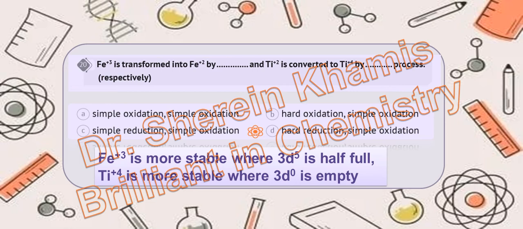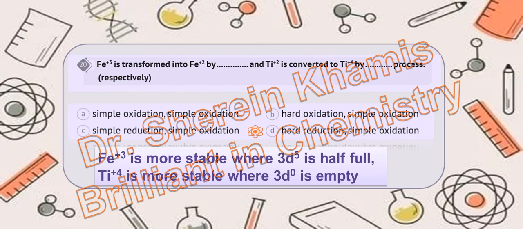Titanium +4 is the more stable as it is completely empty, with no electrons in D, and it is stable with 0 electrons. So if we want to convert from Ti+2, less stable, to Ti+4, more stable, we make simple oxidation.